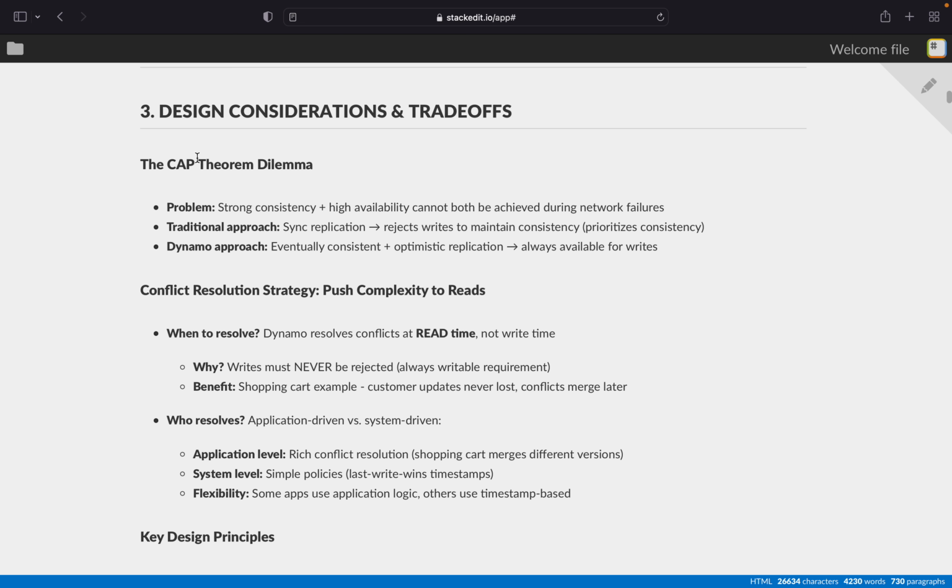That's what the CAP theorem says: only two of them can be possible at a time. And here Dynamo went with availability and partition tolerance.